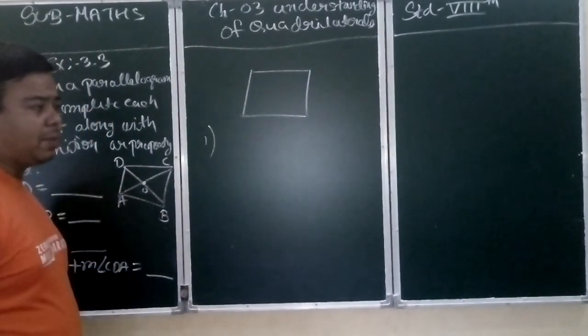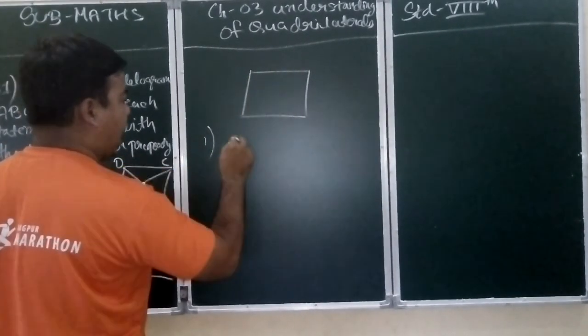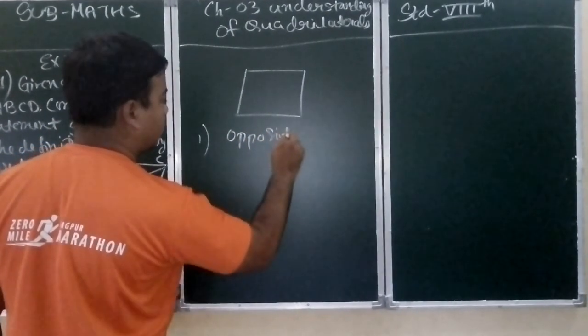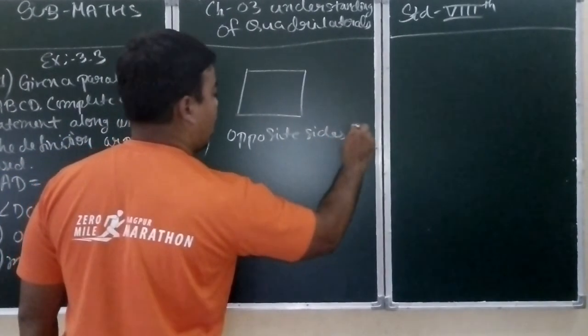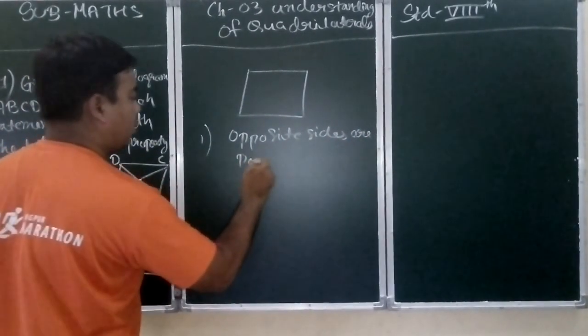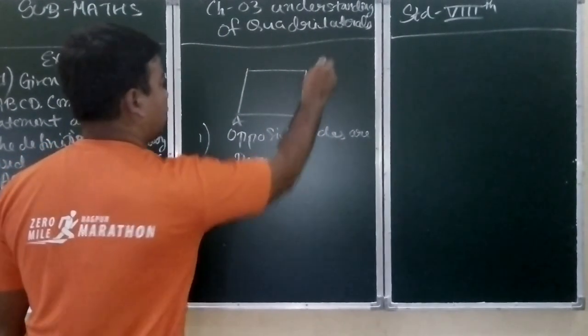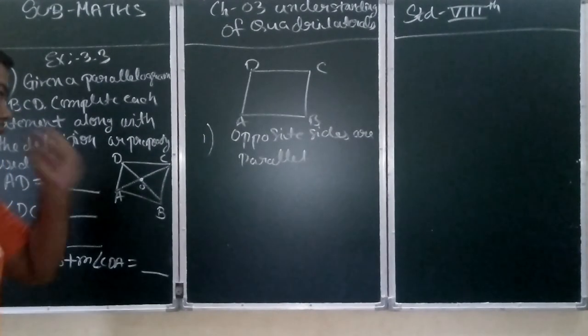The properties of a parallelogram: first, opposite sides are parallel, like AB parallel to CD, BC parallel to AD.